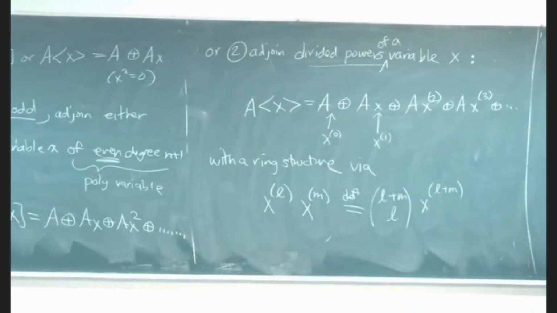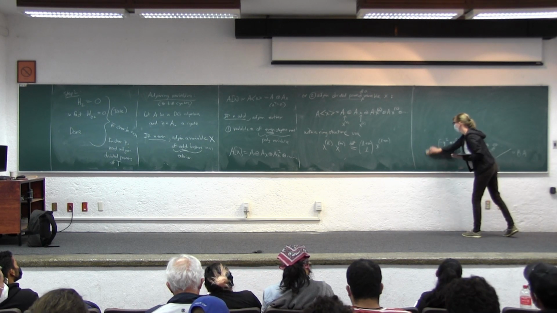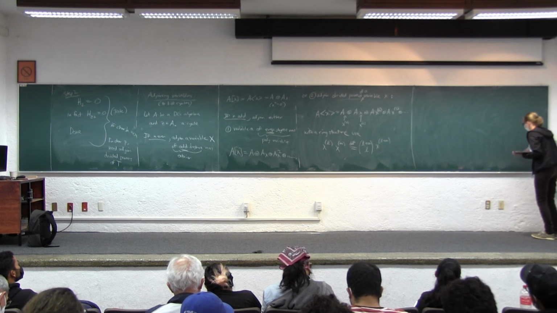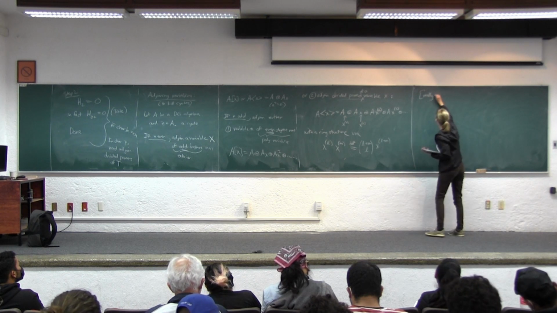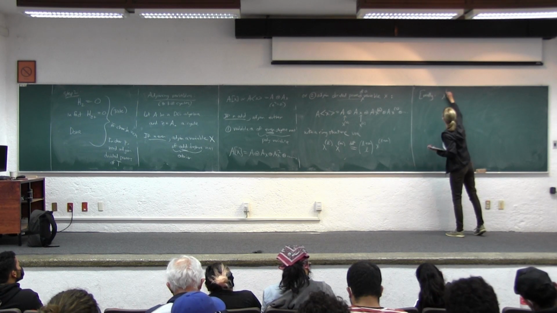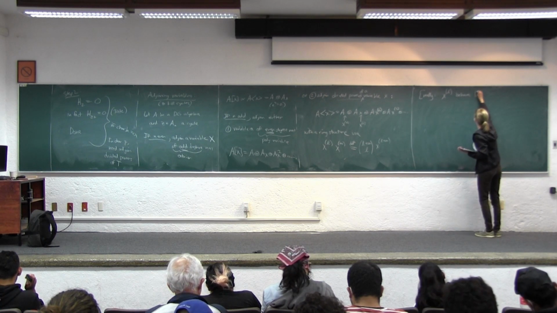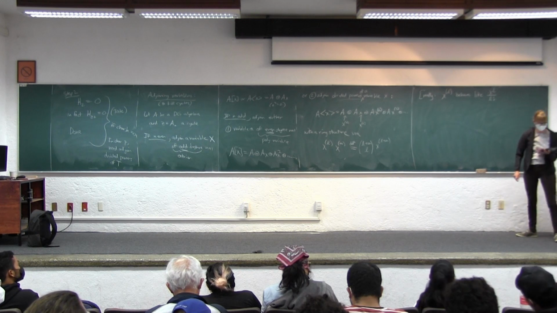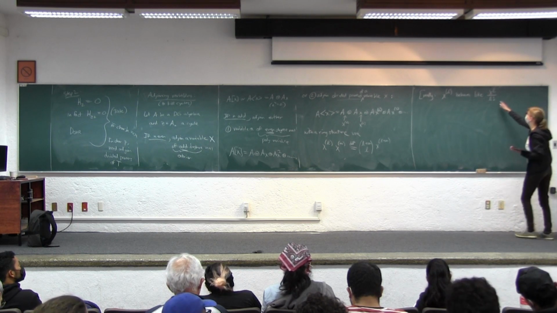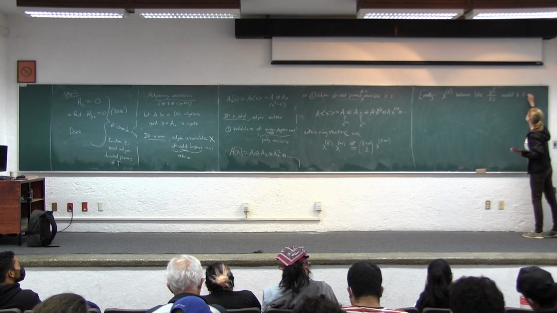What's really going on, and you're going to explore this in the exercises, is that x to the L behaves exactly like x to the L divided by L factorial, if that exists.